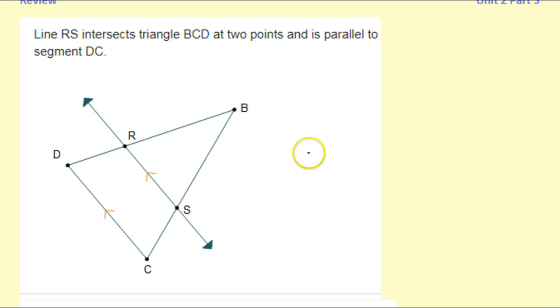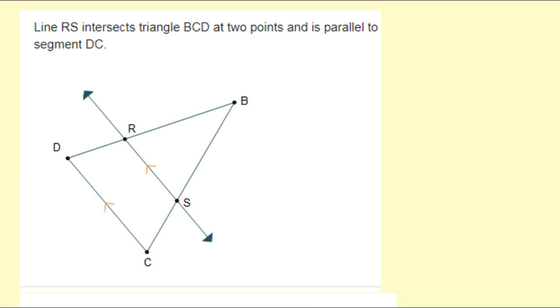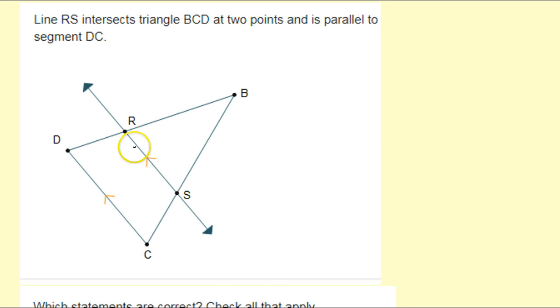All right, this next problem is tricky because there can be more than one right answer and we have to find them all. But what we know is if we have a line that's parallel to one of the sides, then it's creating similar triangles. So this triangle, this blue triangle, is going to be similar to this red triangle.